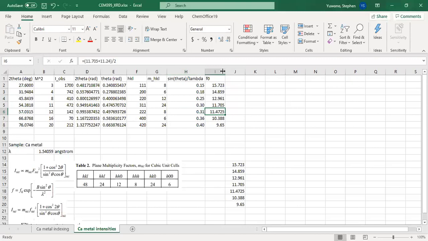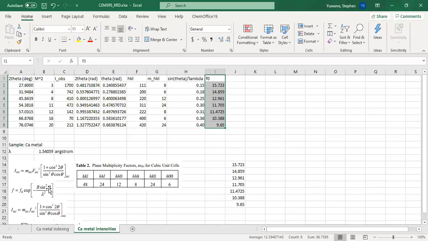Okay, so now we have the F0, but this F0 assumes that you have no temperature dependence. Like you assume that the atoms in the crystal are not vibrating, which is not true because we are doing this experiment at room temperature.